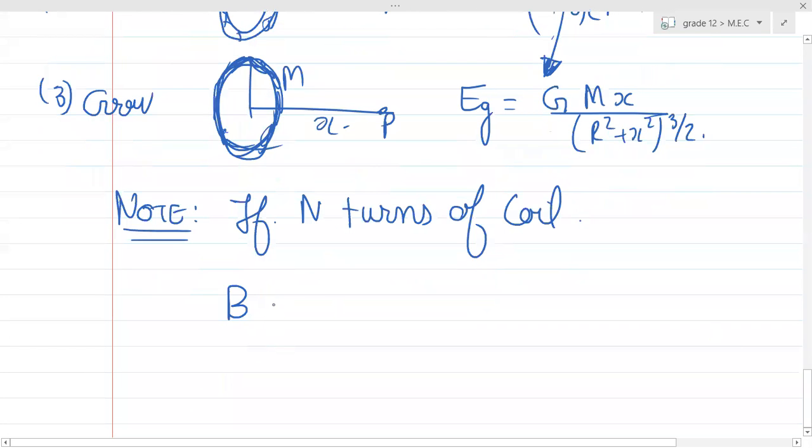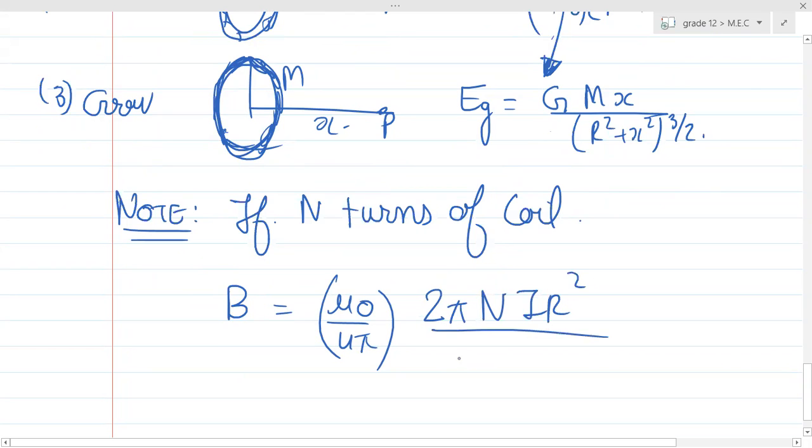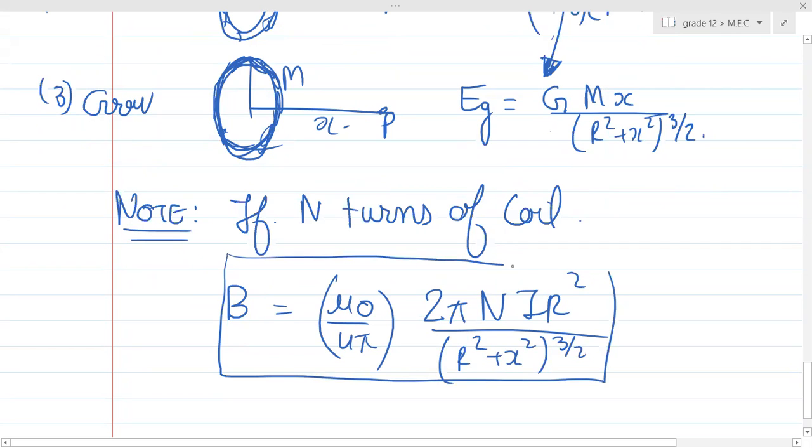Due to n coils, it will be mu naught by 4 pi, you just multiply it with n. So 2 pi into n I over r square plus x square to the power 3 by 2. Whenever it is n turns, you just multiply it with n. Is this clear, guys?